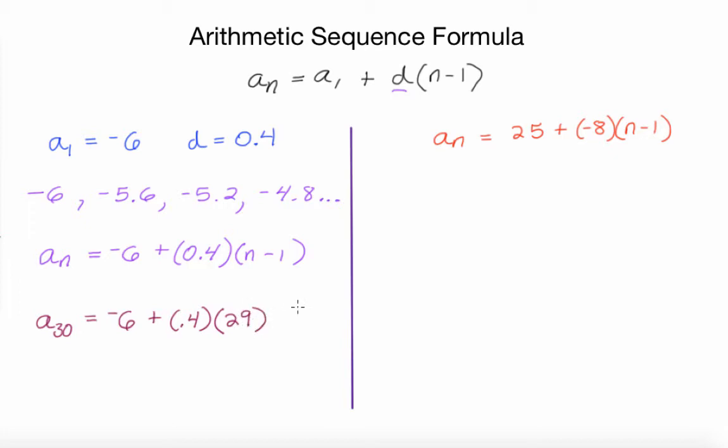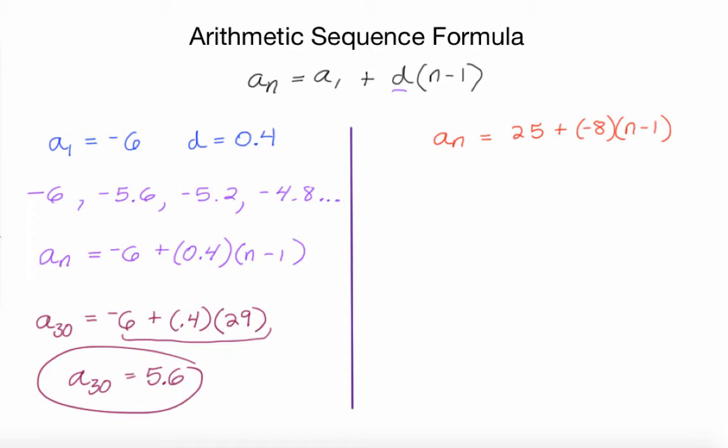If I do that out, pulling out my calculator, 0.4 times 29 is equal to 11.6, but I also have a plus -6. It ends up equaling the 30th term. If I do all this math right here, it ends up equaling 5.6. So there you go. The formula is a helpful way to find any term, and it lets you plug things in and think about things very rationally.